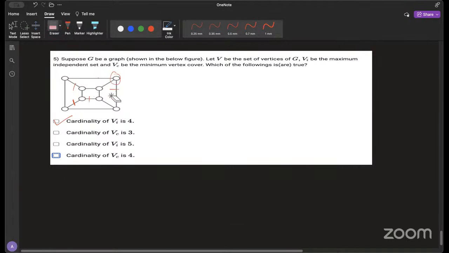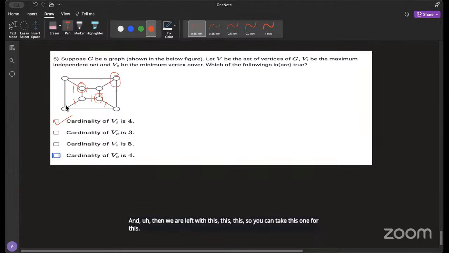And we can take the diagonal ones. Take this one, so you'll get done with these 3. And if you take this one, you'll get done with these 3 edges. Then you're left with this, so you can take this one for this, and this one for this. So everything's covered, right?